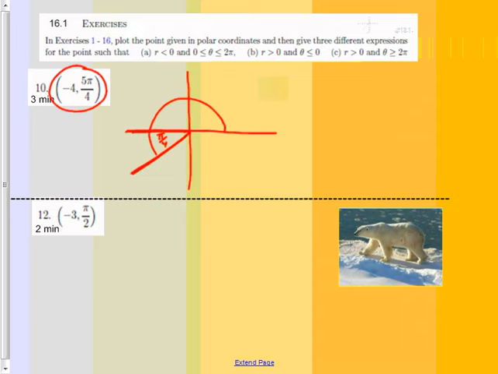Now, if it had been a normal 4, you'd go out 4 and put a dot right there. But this is not a normal one. It's a negative 4. So that just means opposite of 4, opposite direction from this. So then I go in the opposite direction, over this way. And I hope you can see with vertical angles that this angle right here also is pi over 4.